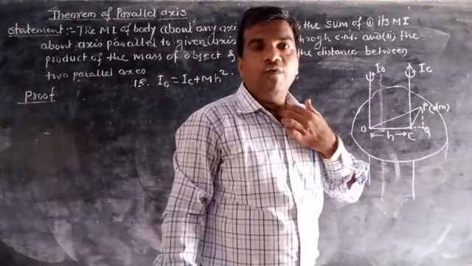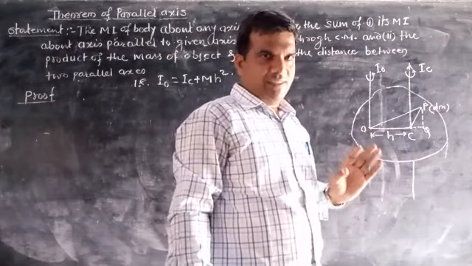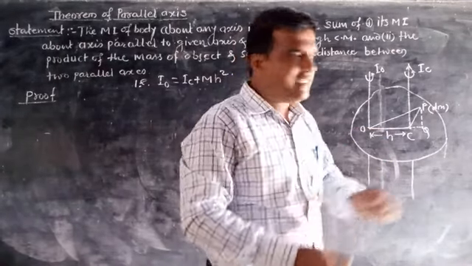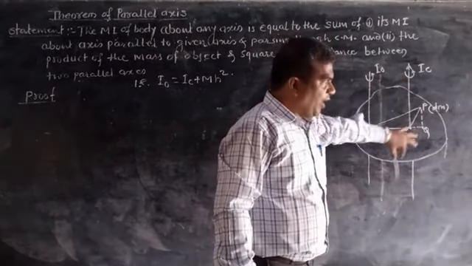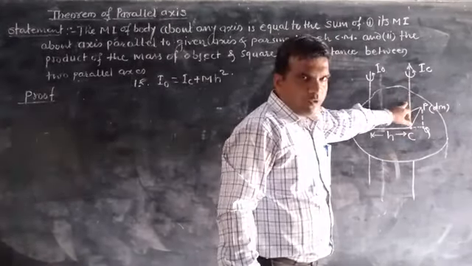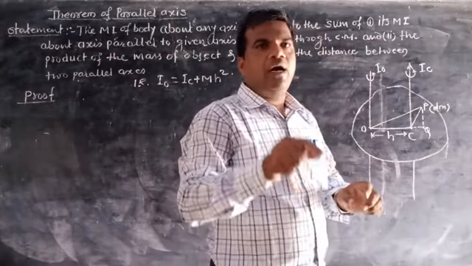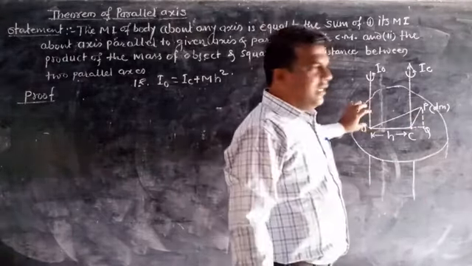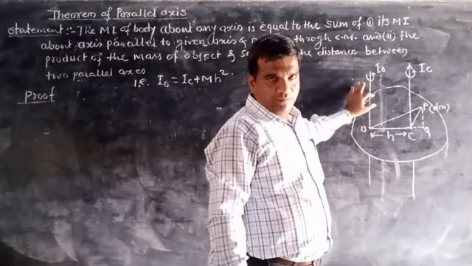Now we have to prove the theorem of parallel axis. So what is the statement of parallel axis? The moment of inertia of this body about an axis passing through center of mass C is IC. This is fixed. Now the unknown moment of inertia of this body about an unknown axis passing through any point O is IO.